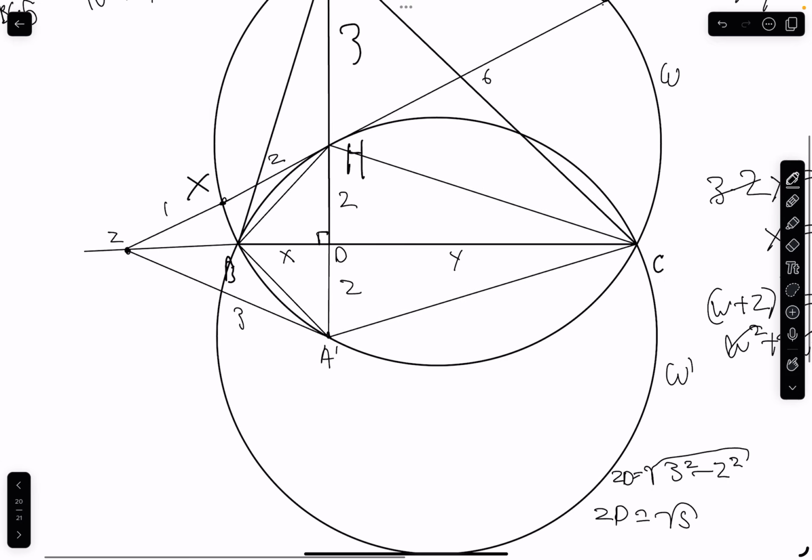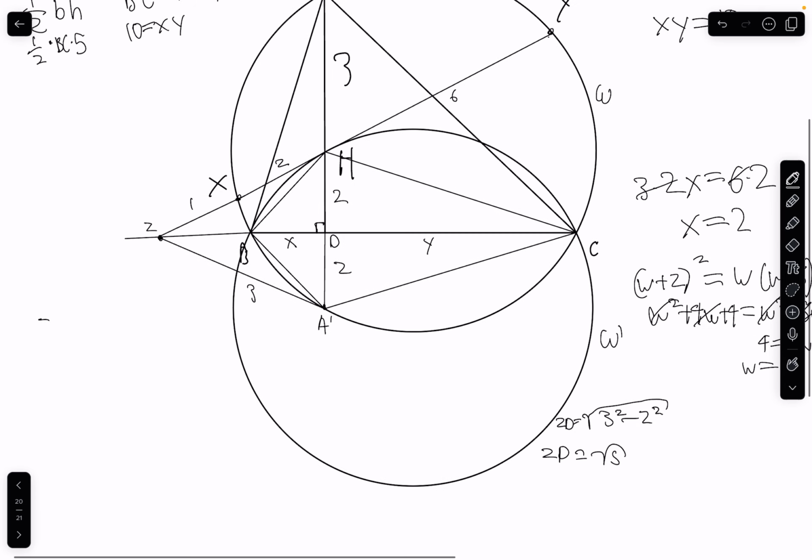And now that we have this, we can apply power of point again, right? Because ZB times ZC equals ZX times ZY, and we know most of these variables.